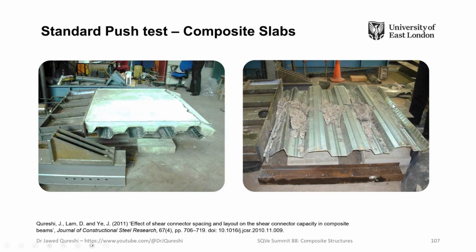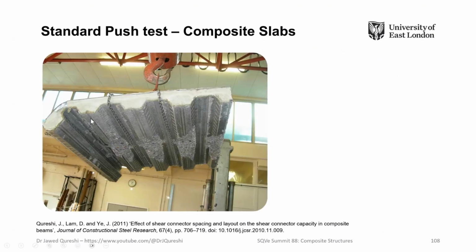So this was the loading direction, or in some cases this stud was taken away from there, and the failure happened due to conical failure. So these concrete cones were formed around shear studs. Now remember this concept. I will ask you a question in a minute: why do these concrete cones develop? And then we remove this slab from the top of the profile sheeting.